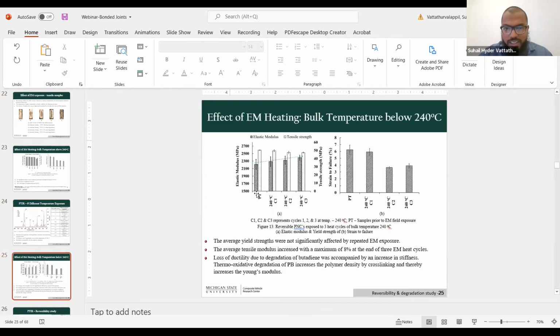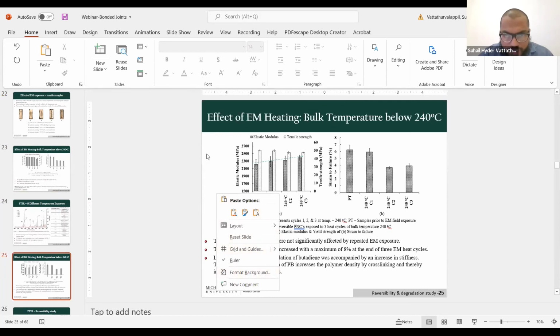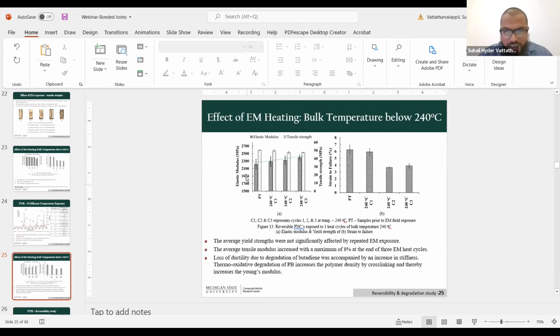On the left-hand side, you have a chart with the y-axis as elastic modulus and the x-axis as different heat cycles.